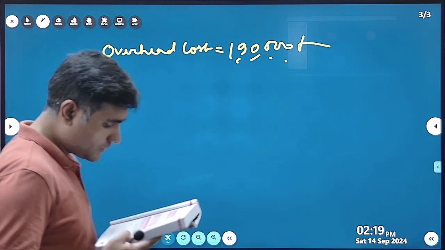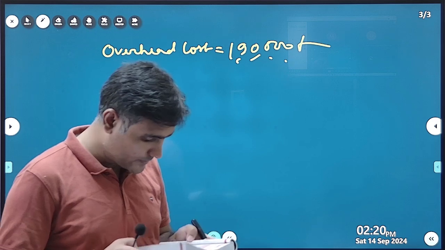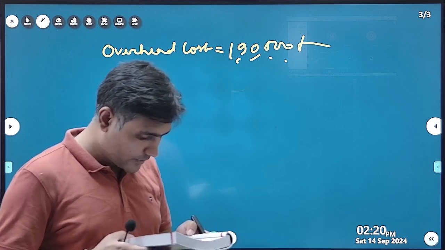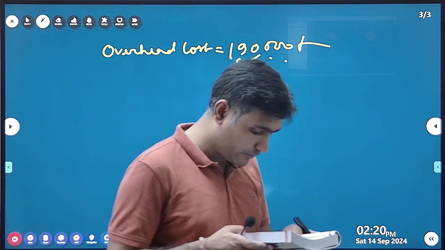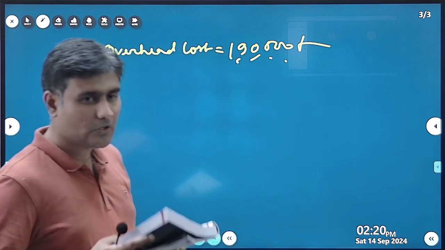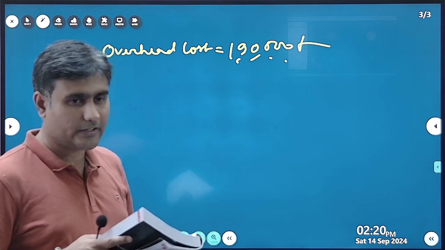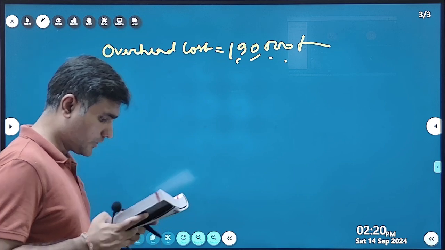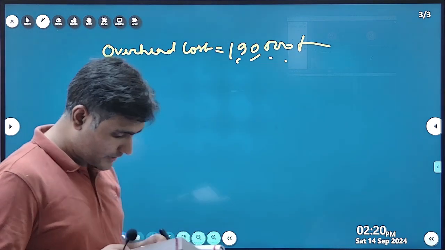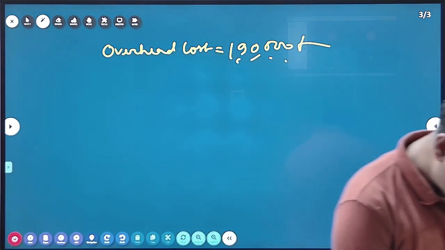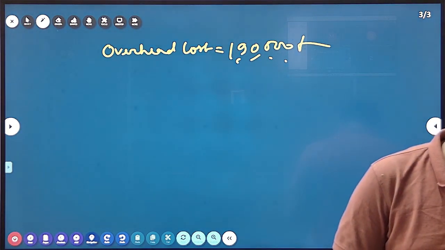Now the cost drivers are given. There are 4 cost drivers. Machine hour rate is given, number of setups is given, number of deliveries received is given, number of orders dispatched is given. Okay, based on these cost drivers we have to calculate the overhead per unit for A, B and C. So now first, calculate the cost and profit per unit, absorbing all the overheads on the basis of labor hours.